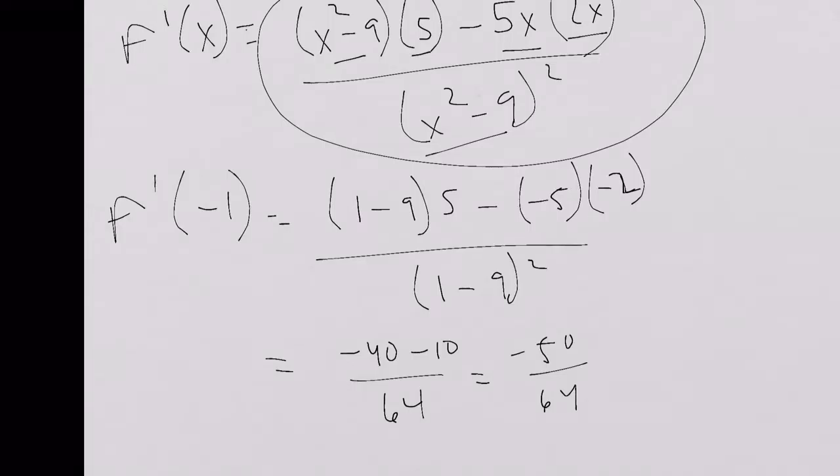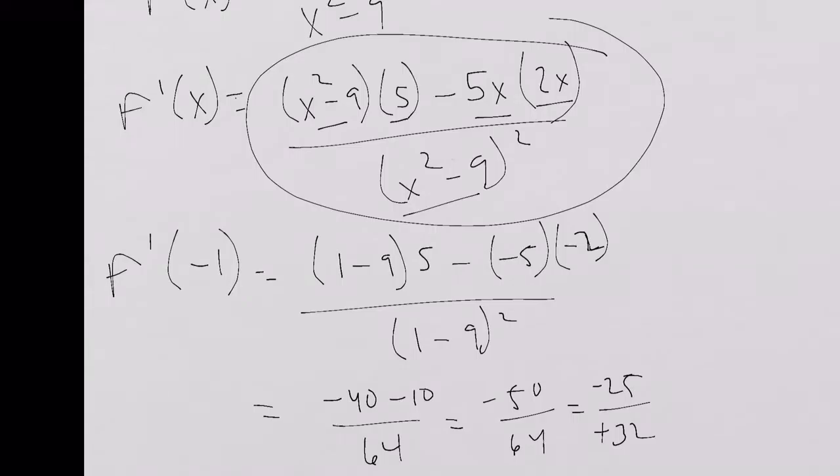Let me make sure: -5 is -40, -5, and a -2. So if I look at 2 going into both of them, that's -25 over -32, or positive 32, sorry. I think that would be it.